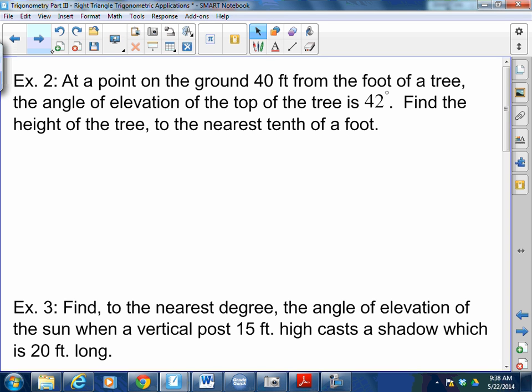Now, no more aids. We're going to have to actually draw it all out ourselves. At a point on the ground 40 feet from the foot of a tree, the angle of elevation to the top of the tree is 42 degrees. Find the height of the tree to the nearest tenth of a foot. Okay, so what we got here is Mr. Tree.